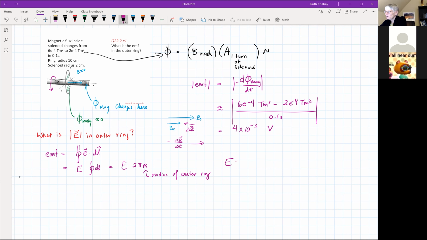So the electric field would be the EMF over 2 pi r, which is 4 times 10 to the minus third volts divided by 2 pi times, what was the radius, 10 centimeters. Which gives us about 6.4 times 10 to the negative third volts per meter.